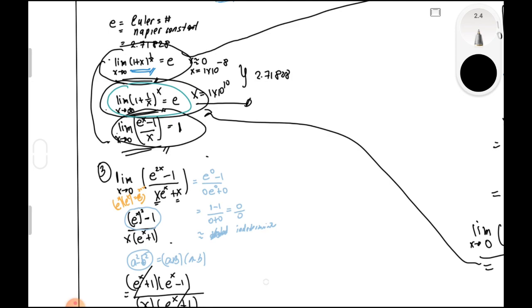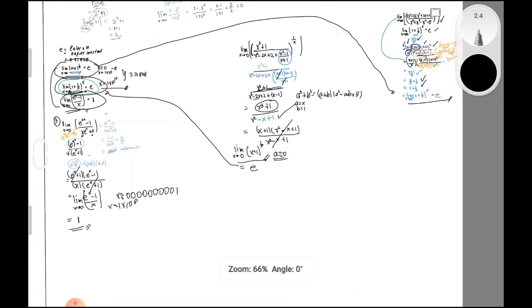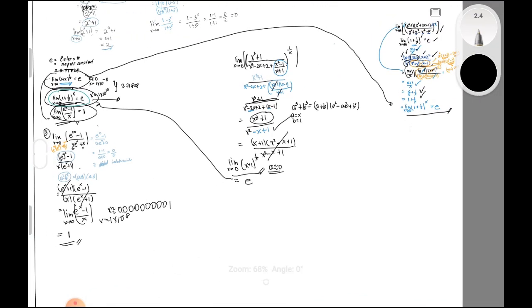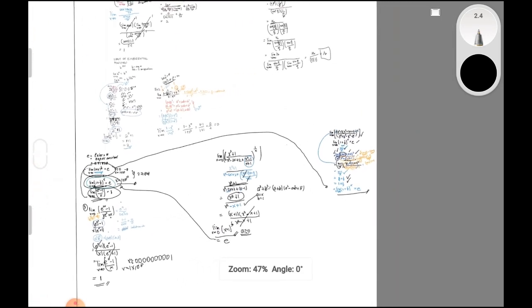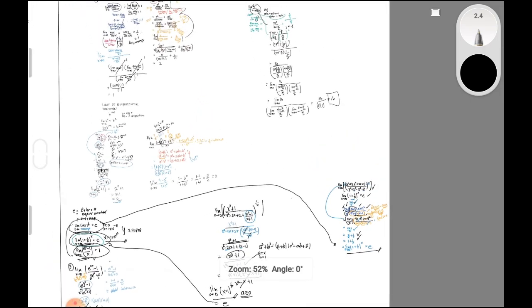So therefore, be mindful on solving the problems. Okay, and also, of course, you should master the different theorems involving these equations. Ayan. So that is our lecture for our logarithmic and exponential function.